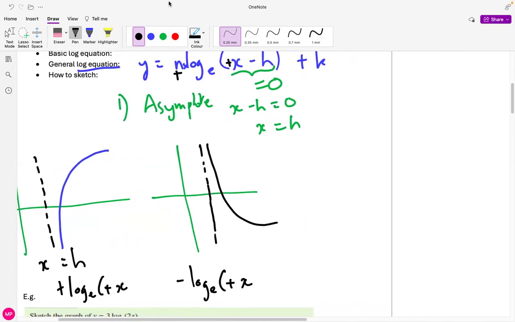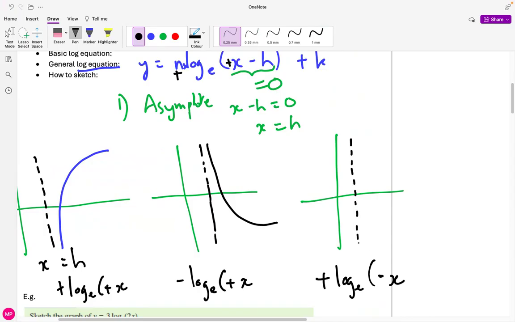Okay. Then we're going to change the sign around. This time I'm going to have the positive outside and the negative inside. So positive log a of, now I have the x become negative. So this is a reflection in the y-axis. So think about the original going like that. It will become this way.